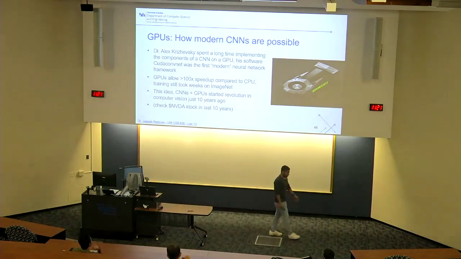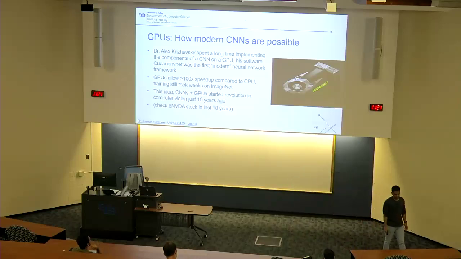So much of the innovation when it came to the AlexNet entry for ImageNet had to do with being able to run CNNs on GPUs, and that was one of the big leaps that we made.